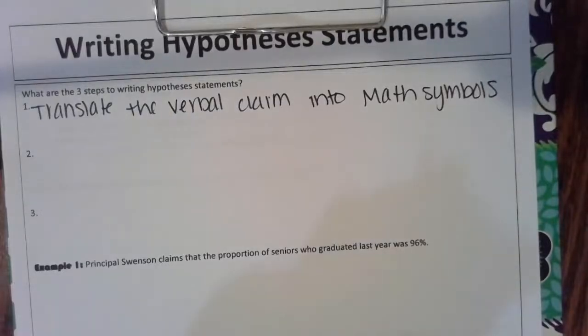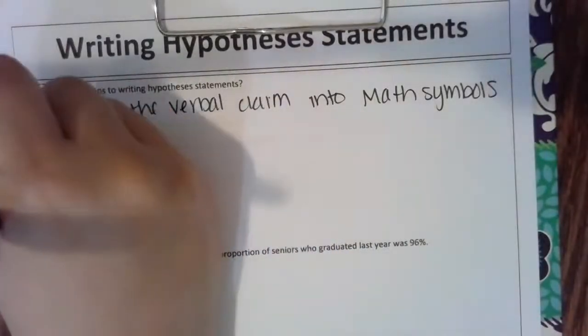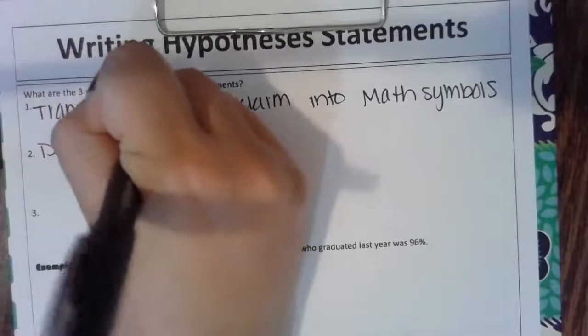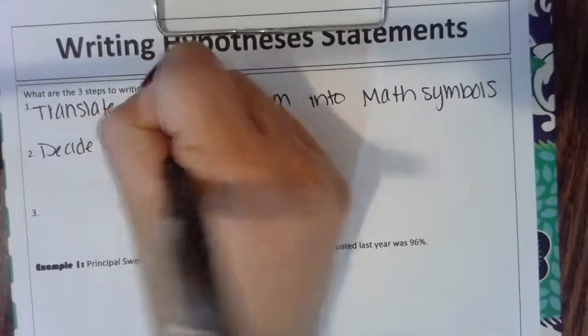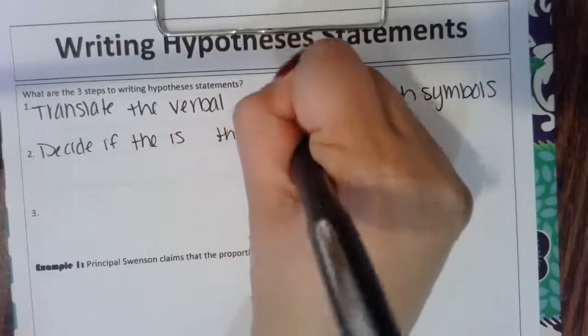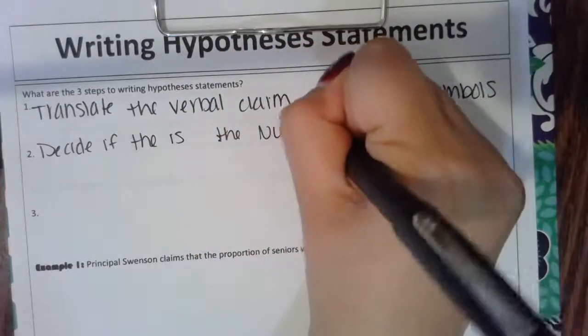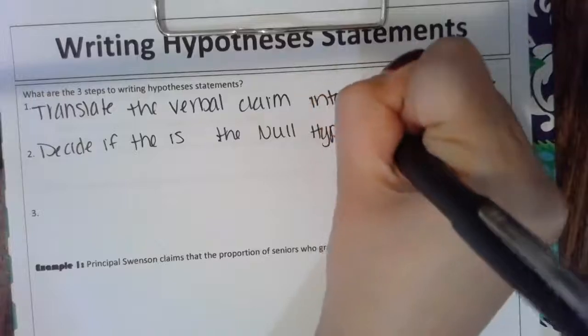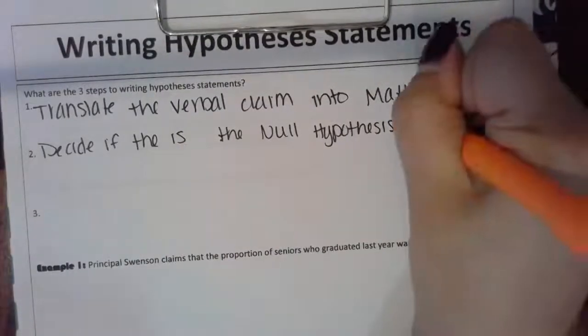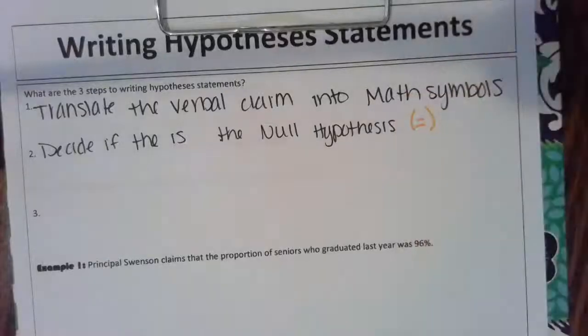Okay. Then, once you have it in math symbols, you need to decide if your claim is the null hypothesis, which is HO, which you will know it is a null hypothesis if it automatically says is or is equal to.